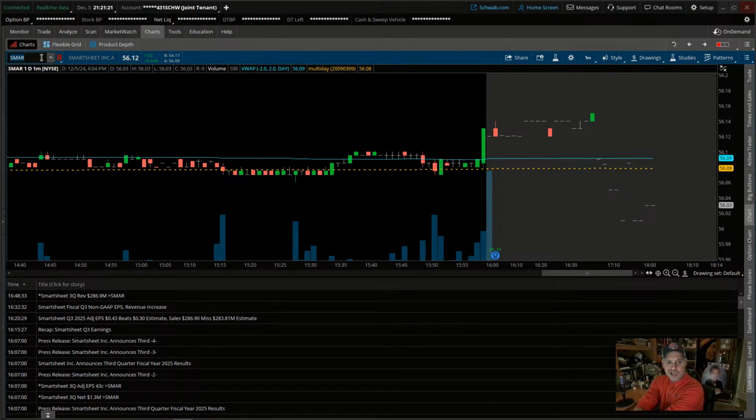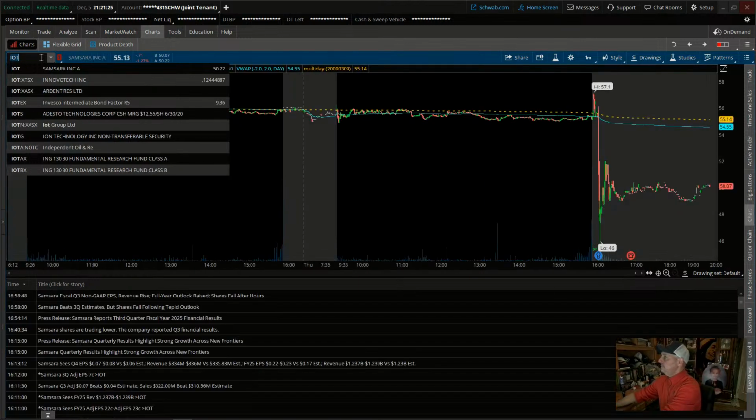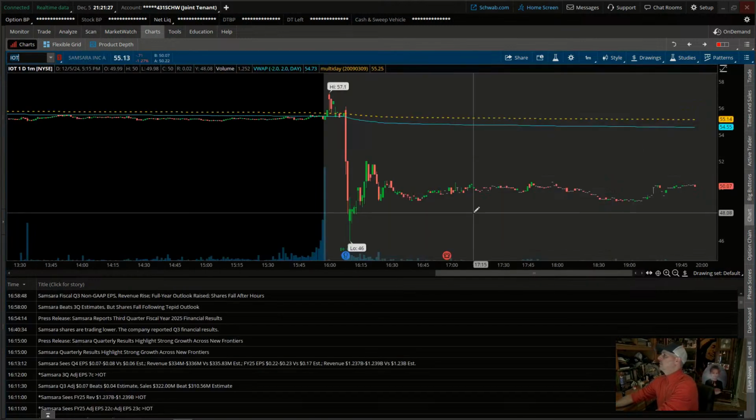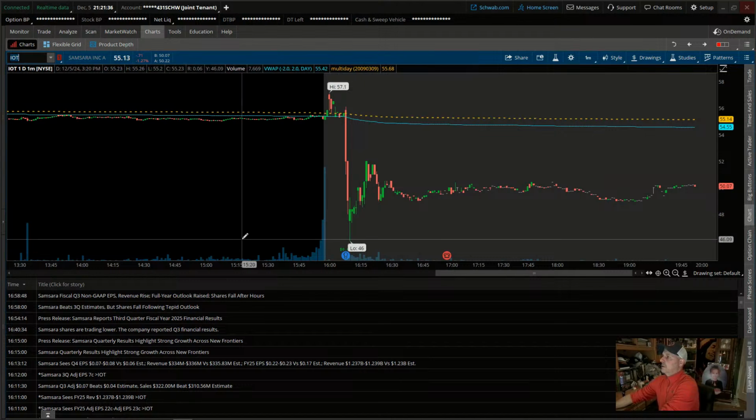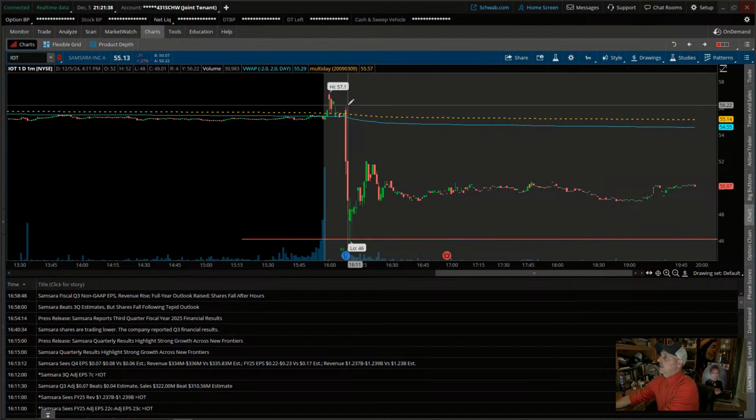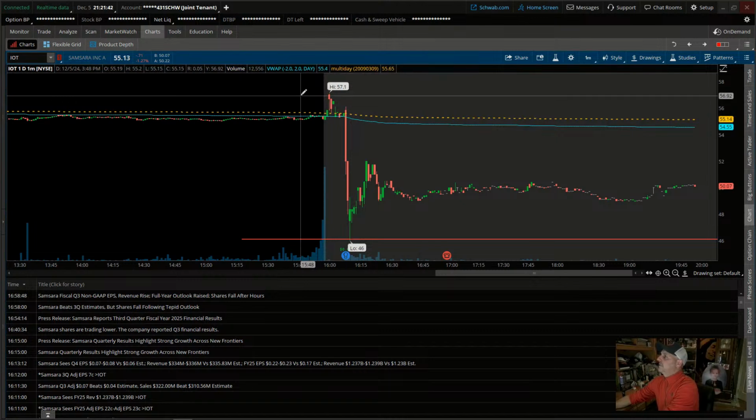Lulu, Path, Ulta, DocuSign, GitLab, IoT. Don't know this stock, but already know exactly what I'm doing, right? 46 low of the day, knee-jerk candle right there. It looks like it first actually popped to 57.10.